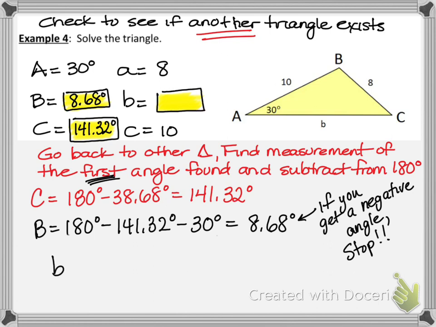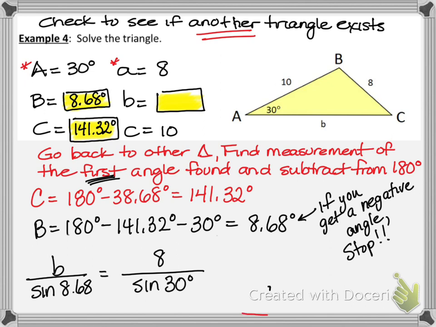So we still do B over sine of capital B equals, our asterisk problems were the A values, if you remembered. And so we put the 8 on the top and the sine of 30 on the bottom.